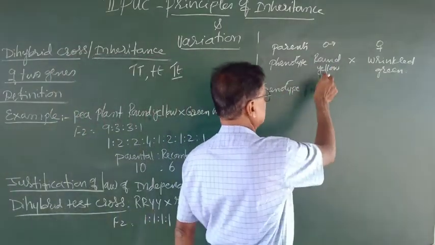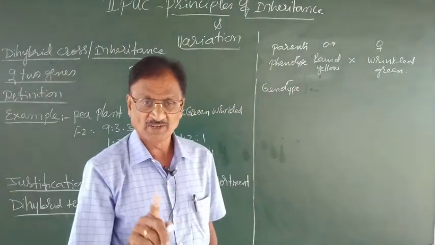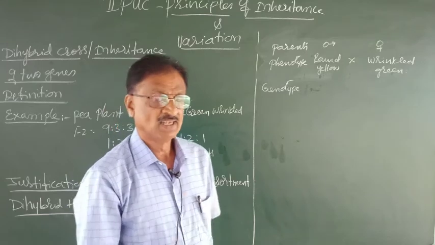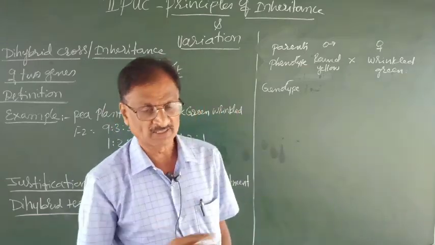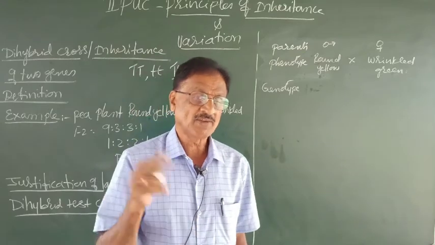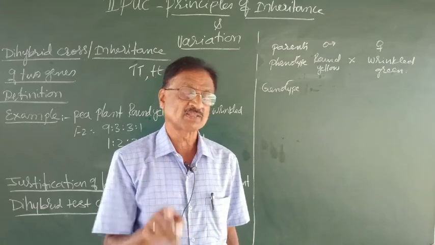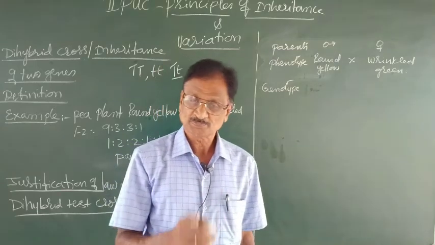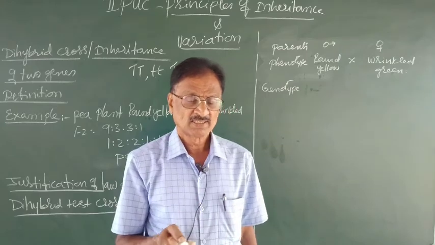How many characters are here? Two characters, shape and color. Each character is controlled by two factors, so we have to write four factors, or two pairs of factors, one pair for shape and another pair for color.